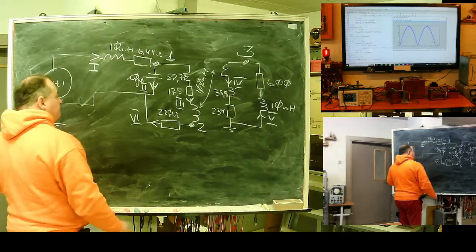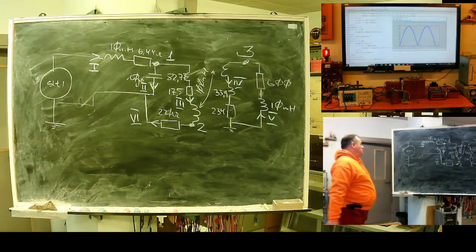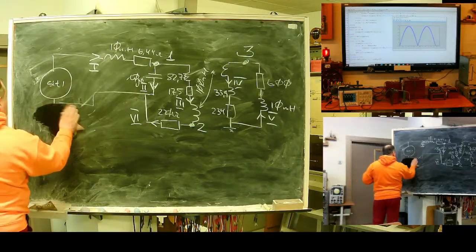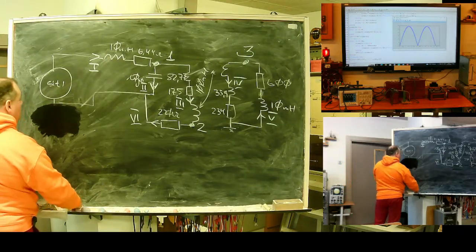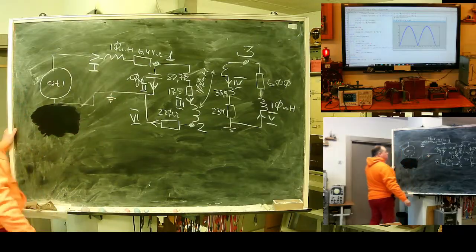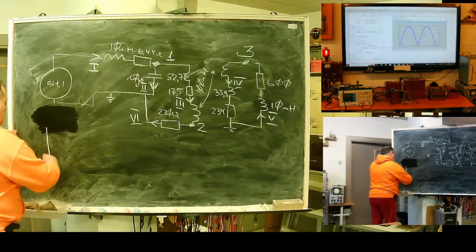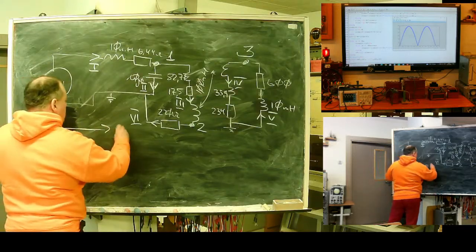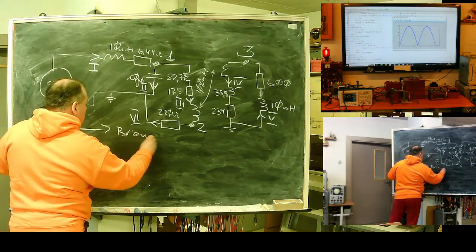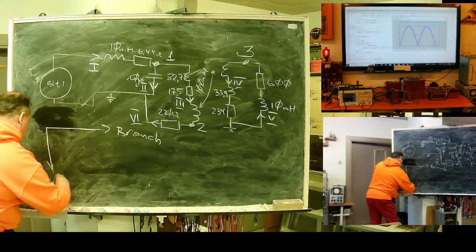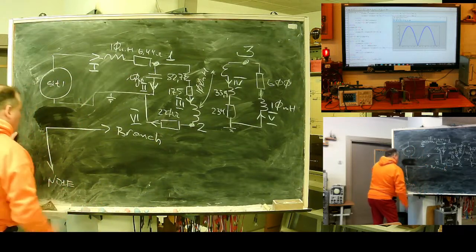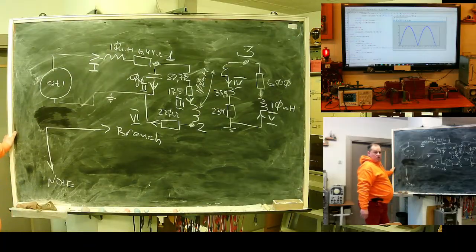Now I need to convert. First, I need to somehow specify the network topology for my computer. This is done with a special matrix called the first incidence matrix. The rule: branch, node. Row numbers are node numbers, column numbers are branch numbers.